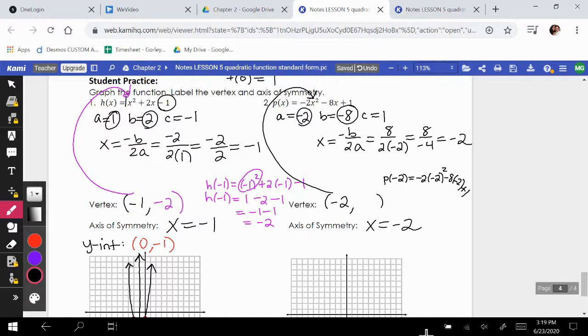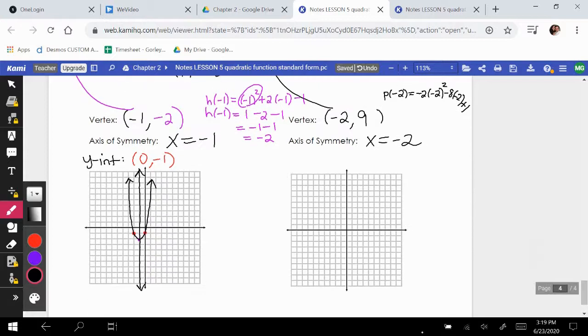And if I go ahead and plug all of that information in, I think you end up getting 9. I would just plug that into your calculator and press enter, exactly how it is. You get 9. Okay, so let me graph that. We have (-2, 9). The axis of symmetry runs right through that vertex.